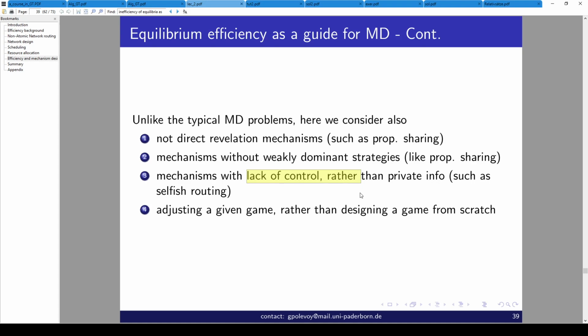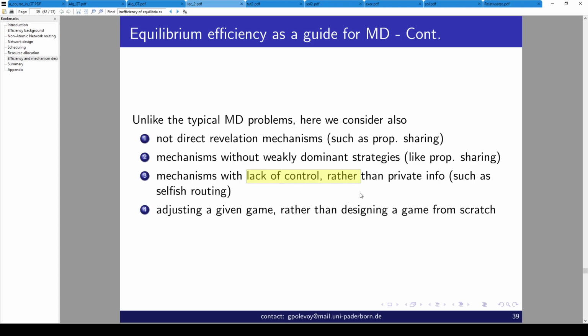You know what they want. Of course, everyone values their time differently, but still you're able to assume that you know what they want. But you're not able to control what they do. You just need a mechanism such that despite not having control, you motivate them to do something you want. And also, you often look at adjusting a game rather than designing a new game from scratch.